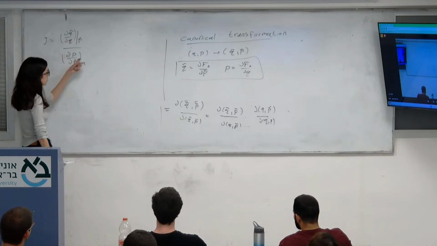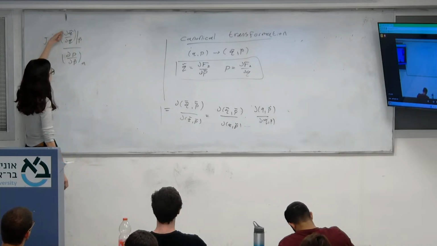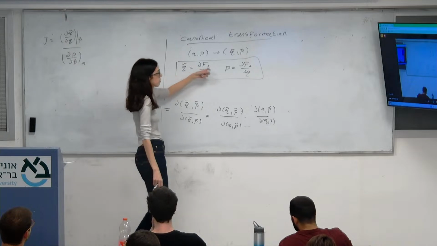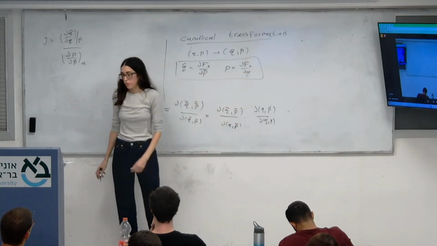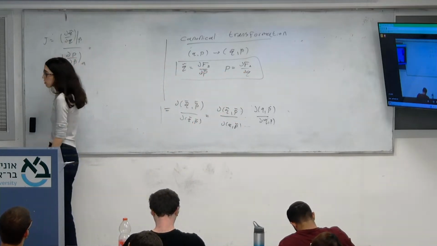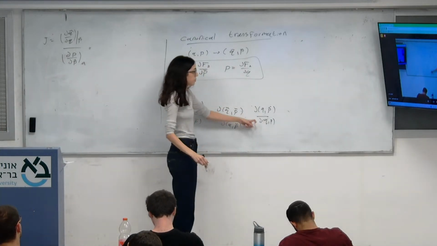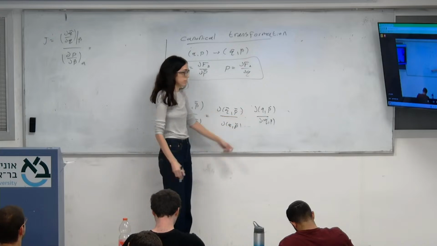And now what we can do is rewrite the derivatives by Q and P tilde using the definition of the transformation. I divided by the opposite of that.